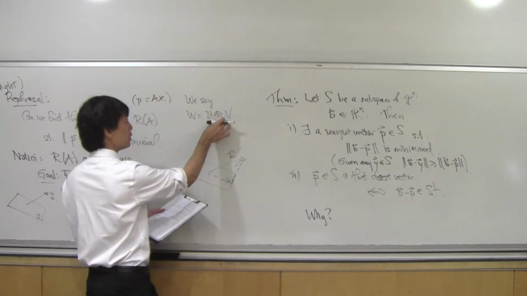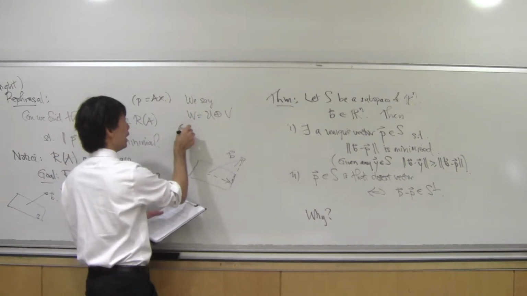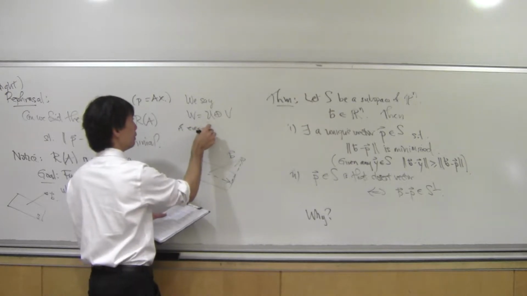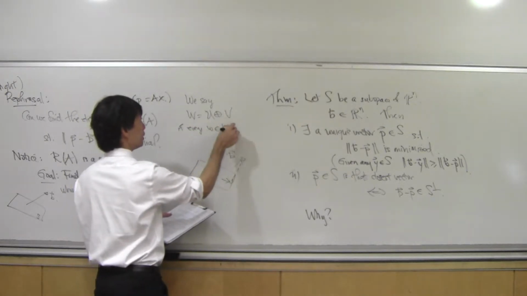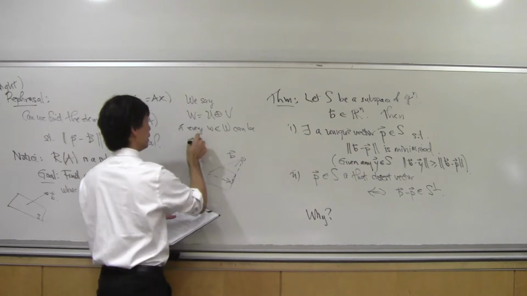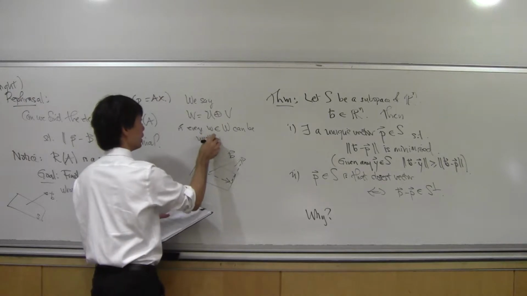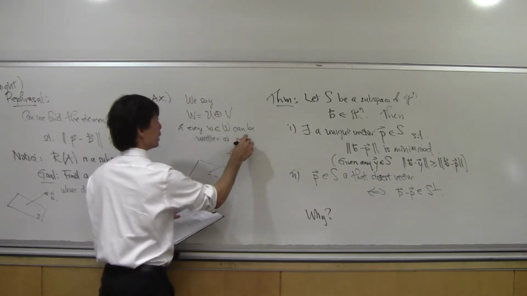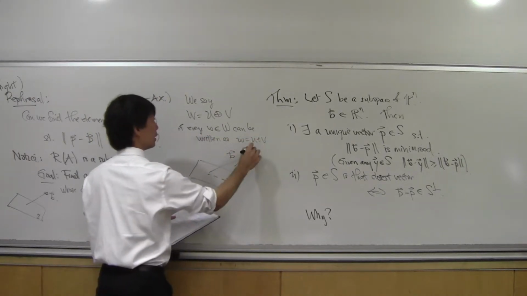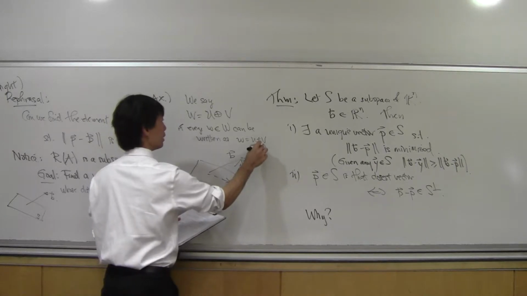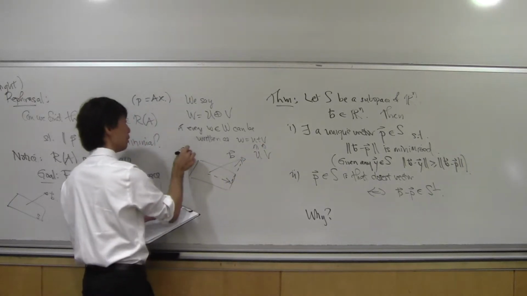We say this is true if every W in W can be written as W equals U plus B, where U is in U and B is in B, in a unique way.